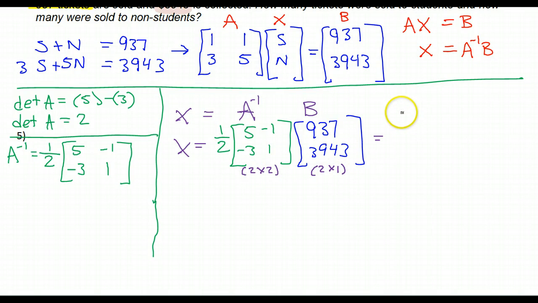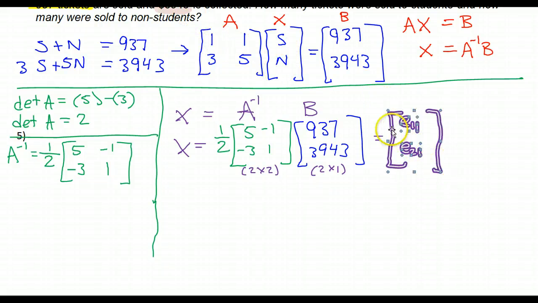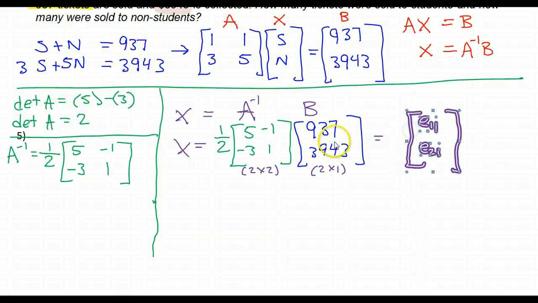So your answer is going to be in the form of a 2 by 1 matrix like this. Alright, so the answer is going to be in the form element 1, 1, element 2, 1. So all I need to do is find those elements, and let's not forget, okay, let me move this over just a bit. Do not forget the 1/2, which is still waiting for us.